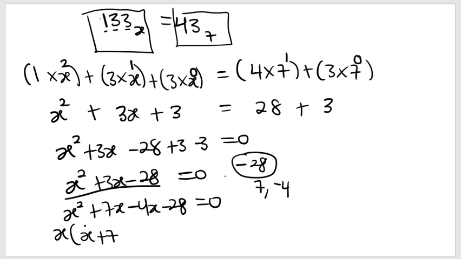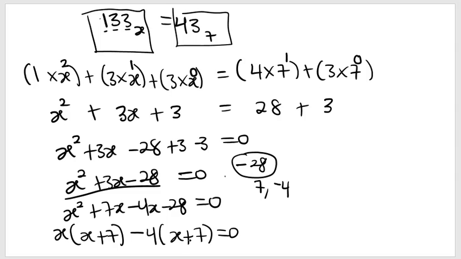So you take the first two and factorize: x, bracket open, x plus 7, close the bracket. Take the last two, minus 4x minus 28. The common factor there is minus 4. So minus 4, you open your bracket, x plus 7, is equal to 0.